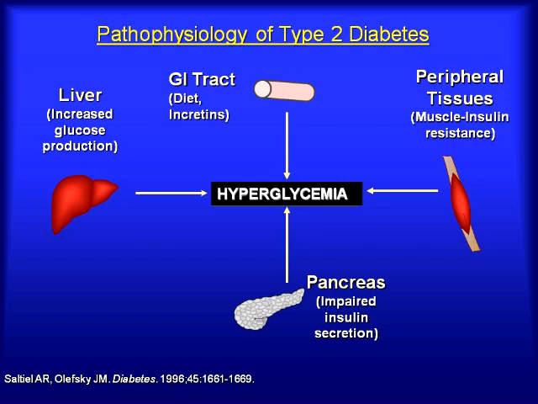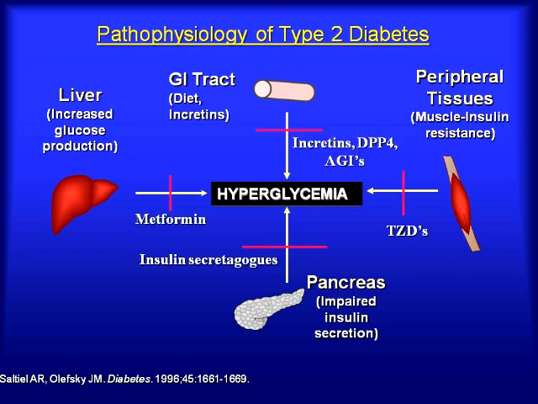And now we're more recently becoming aware of how important the gut is in terms of managing and causing hyperglycemia. In terms of diet, these things called incretins, the GI tract actually has tremendous influence in terms of hyperglycemia in a type 2. So these are all the multifactorial issues that we need to consider when we're looking at what causes hyperglycemia in that individual.